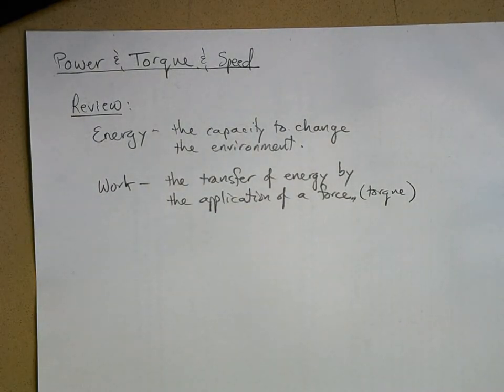Although when you think about it, a torque is a force times a lever arm distance, a twisting force. And so when a motor applies a torque to a gear system, it is transferring energy. Electrical energy that's flowing through the motor gets transferred to the machine by the application of a force, and this force applies a torque and makes things spin.